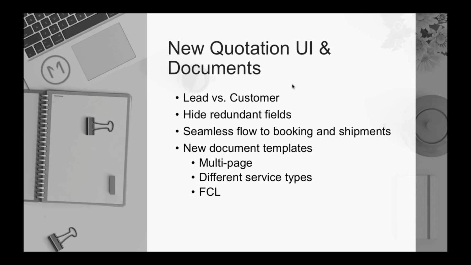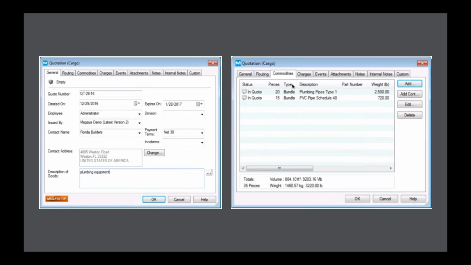The new user interface, if we look at the old one, it looked something like this. If some of you still have older versions of Magaya, this is what your cargo quotation would look like. You have your general tab with a few fields, and to enter the commodities that you're quoting to move, you would have to go to the third tab, then come back to the second routing tab to enter the origin, destination, etc., and then enter charges in the fourth tab.